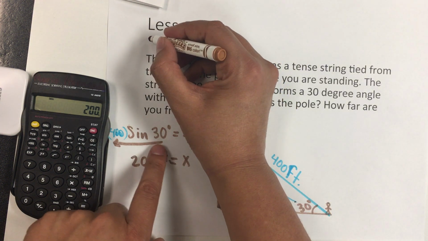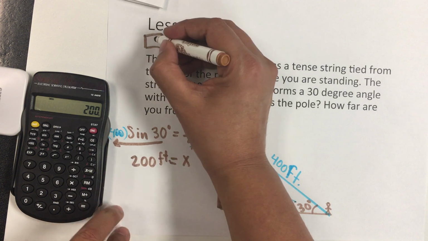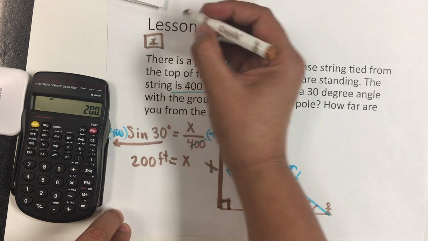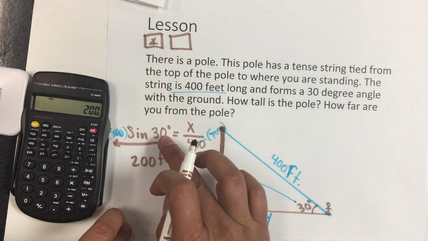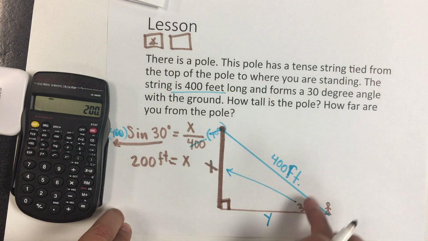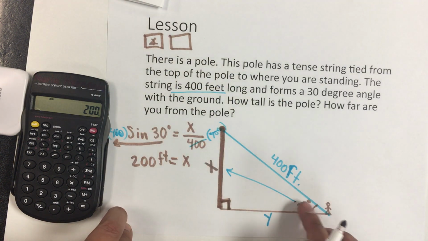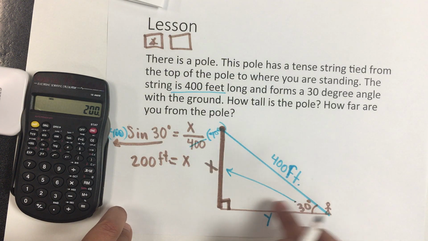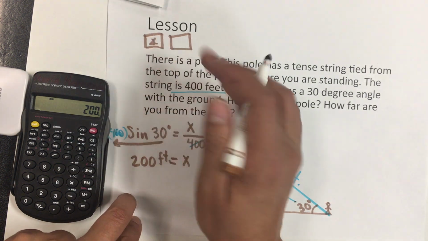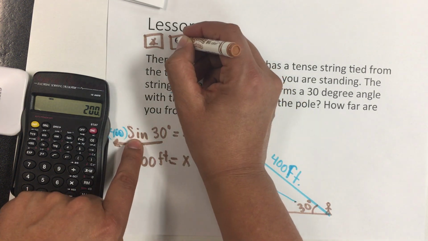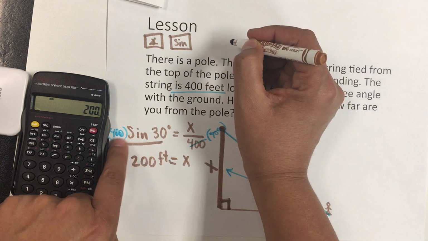Some calculators don't have that order, so you're going to put the angle measurement. If it's 60, then you press 60. If the angle is 45, then you put 45 in there. If the angle is, well, 90 degrees doesn't make sense, but any measurement of the angle, that's what you put first. The second thing that you press is sine.